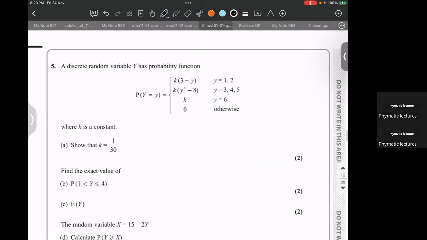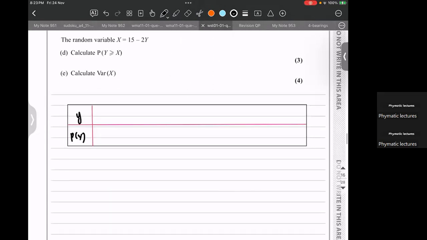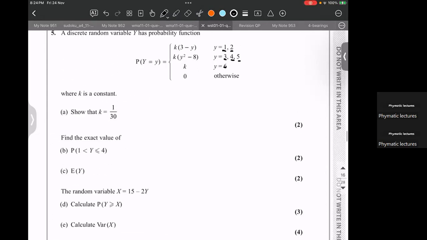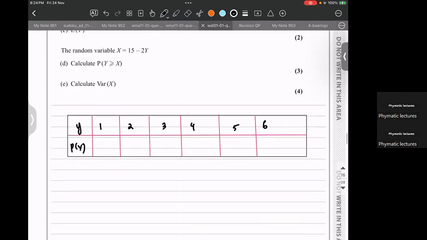And we know the variable can take 1, 2, 3, 4, 5, 6. For 1 and 2, the equation is k times (3 minus y).